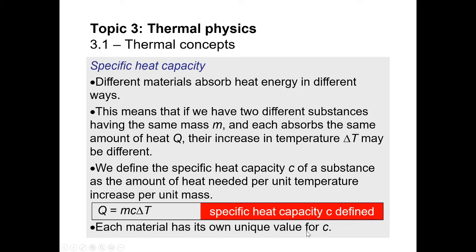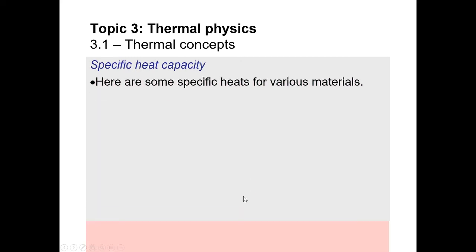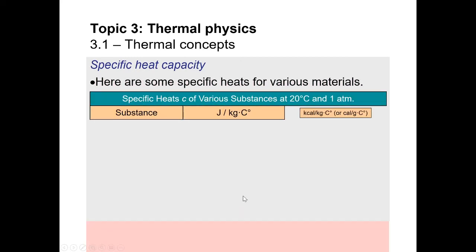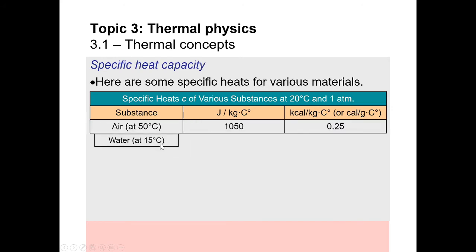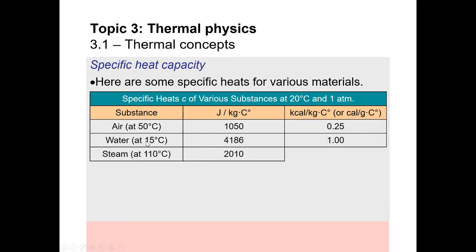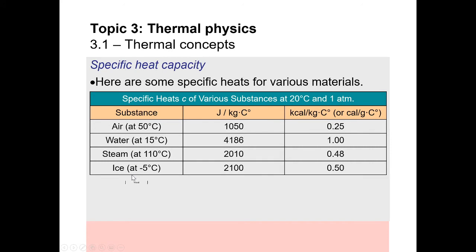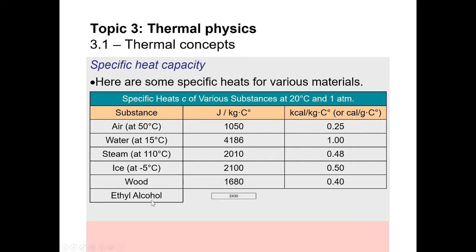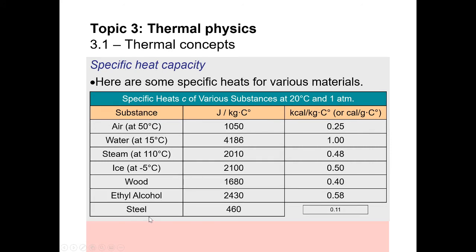Now, each material has its own specific heat capacity. So in the case of Australia versus a point equally distant above the equator in the north, the specific heat capacity for water will be much higher than that of land. Okay, so actually let's look at some values here. We've got air at 50 degrees Celsius, water at 15, steam at 110, ice at -5, wood, ethyl alcohol, and steel.